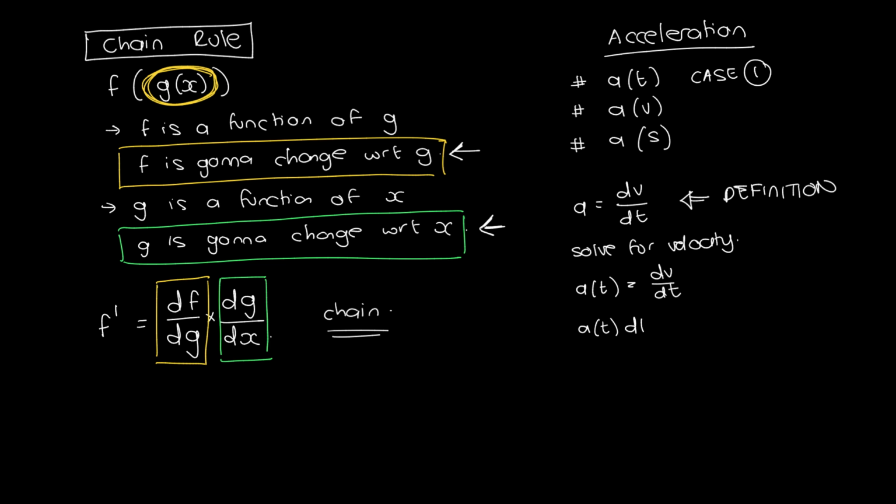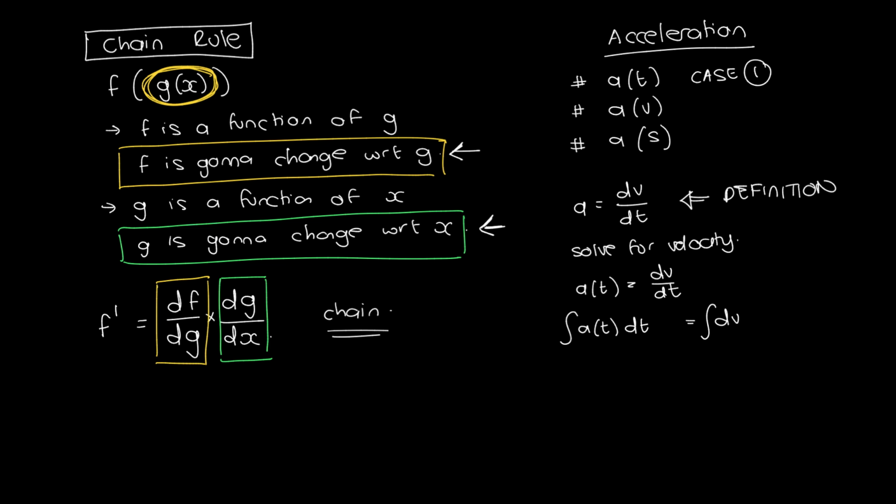It goes with the dt part, and the dv chills on its own side. And then because they're separated, we can just take the integral on both sides with respect to their initial and whatever condition you're trying to solve. Right now, I'm just going to leave it as indefinite. That's a straightforward one.